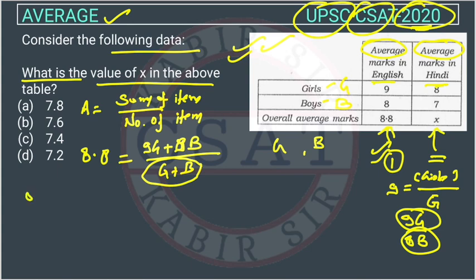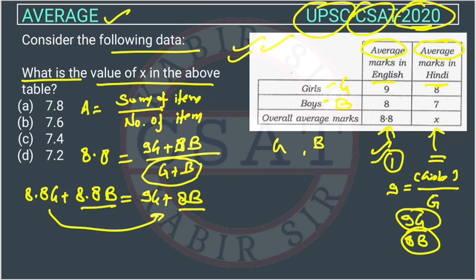So now this will be 8.8G plus 8.8B is equal to 9G plus 8B, right? So we will bring this B here and take this G to this side. So it will become 8.8B minus 8B is equal to 9G minus 8.8G, right?